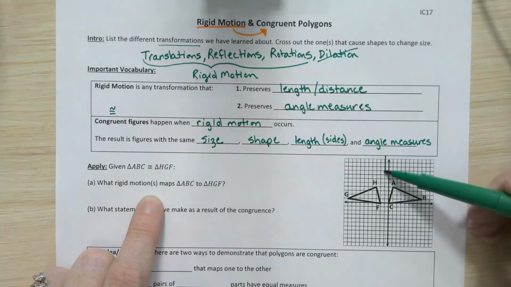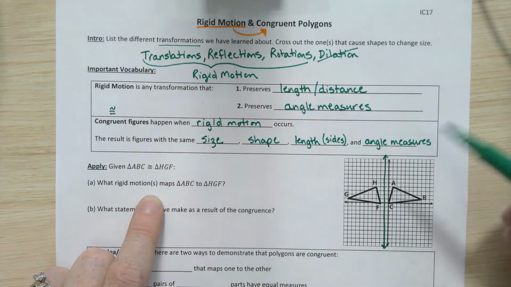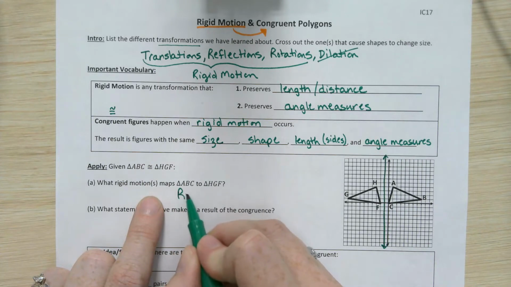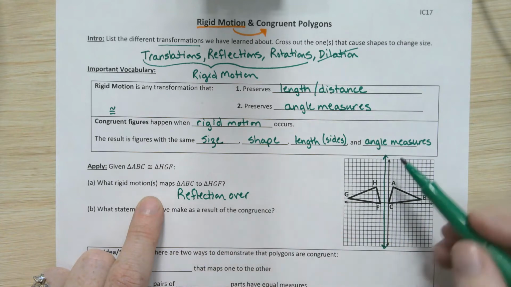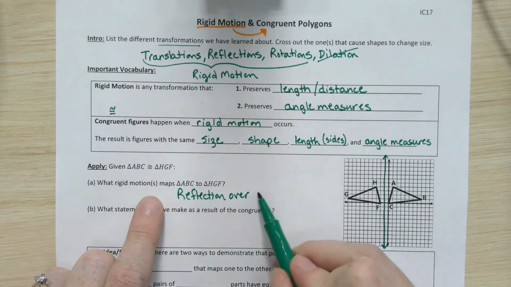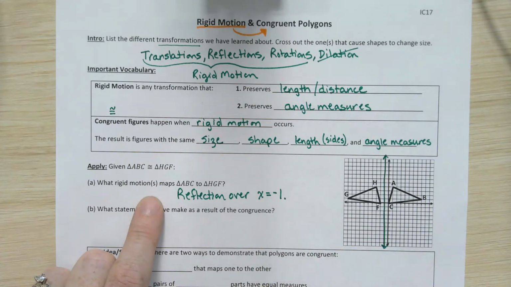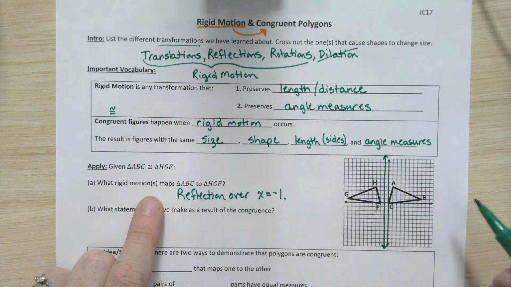If I imagine a line of reflection right here, then what's happening on the right side of that line is just a mirror image of what's happening on the left side. And so we can say that a reflection over, this would be an x equals line because it's going through the x-axis, and it's equal to -1 specifically, since that's the place where it intersects that x-axis, maps triangle ABC onto triangle HGF.